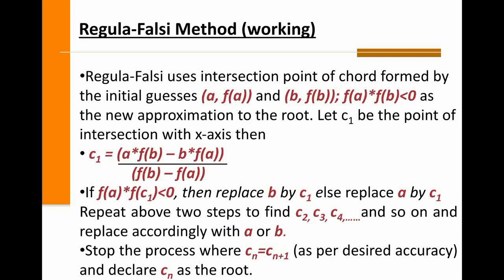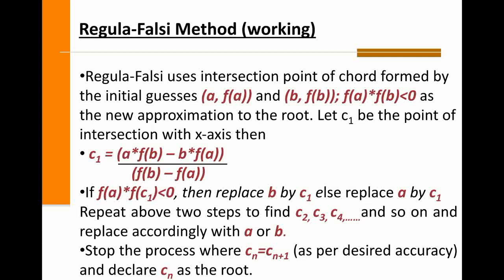In the similar pattern you will find c2, c3, c4, c5 and so on, till you get two equal values of c. When you get the two equal values, that will be your root. So this is the methodology of Regula Falsi.